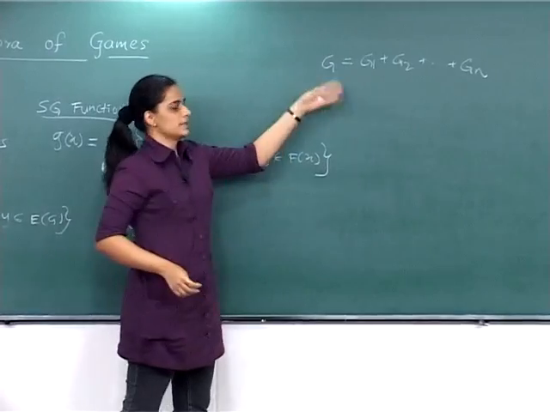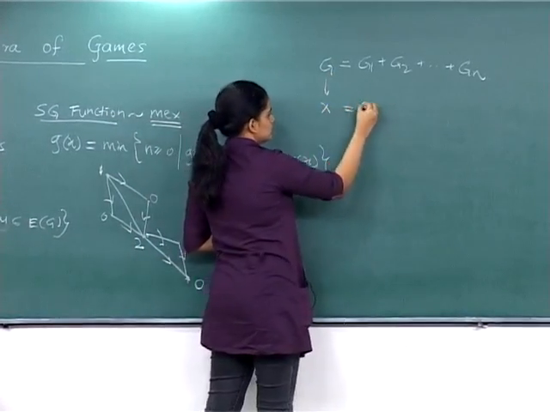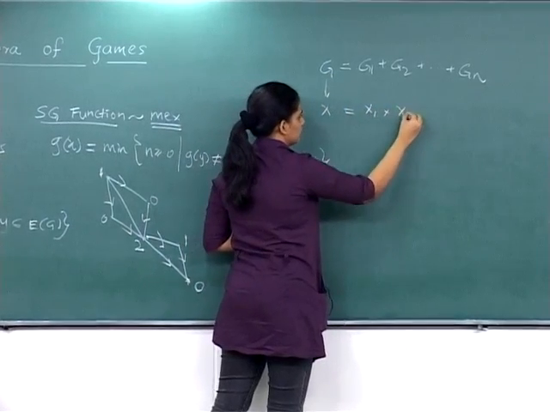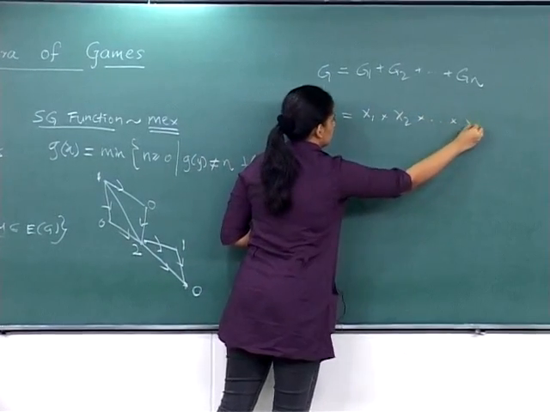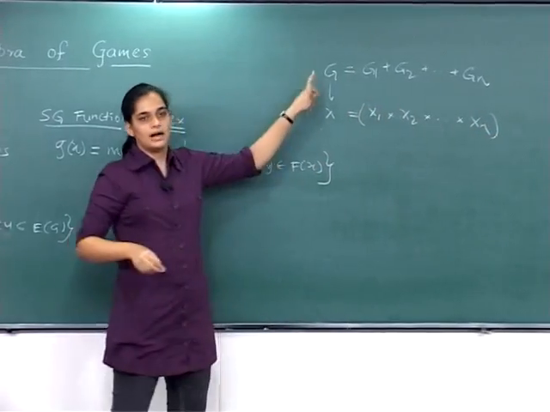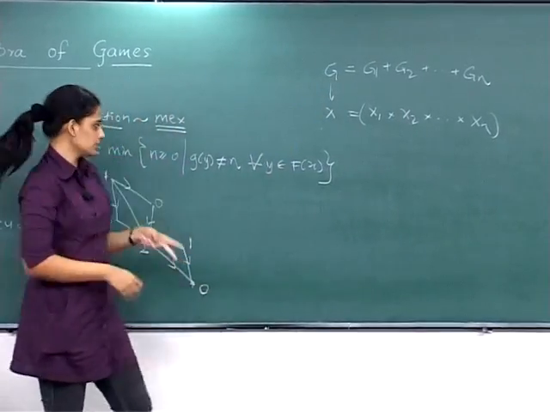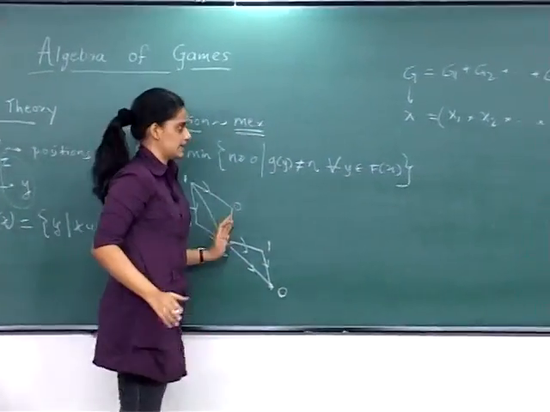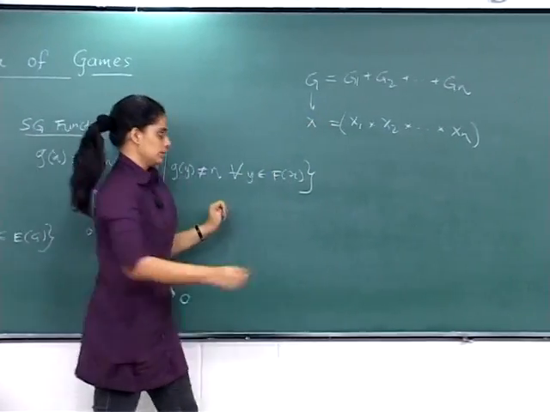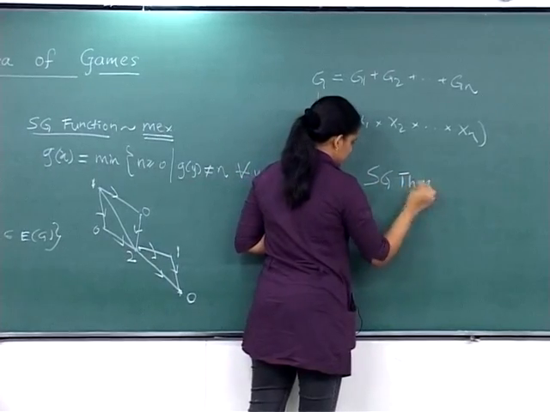And of course, if I represent it as a graph, its vertex set will be the Cartesian product of the vertex sets of all these games. So that is how I can form the graph of this game itself. Now, using this analysis in the addition of games is what the Sprague-Grundy theorem is.